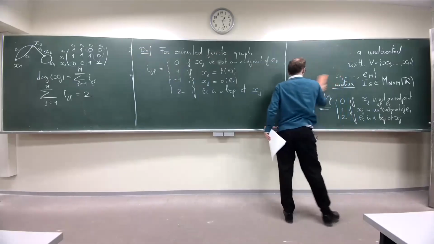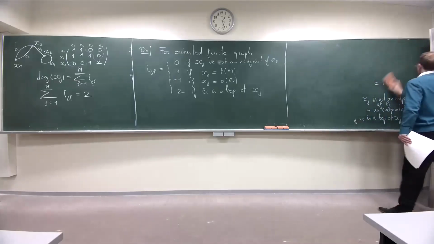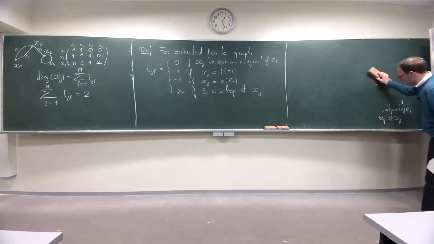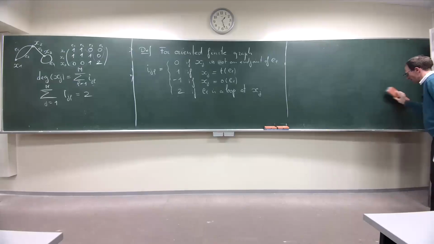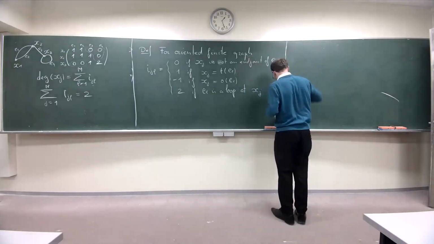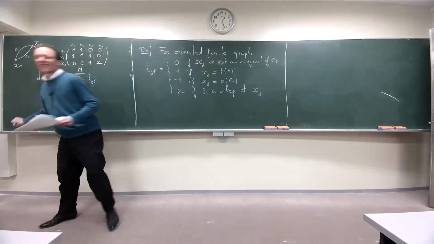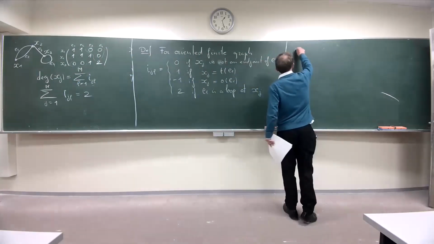Now I cheated a little bit. Just a little. Because when I said, if you give me such a table or such a matrix, I can reconstruct the graph. This is essentially true, but not completely. Let's look.